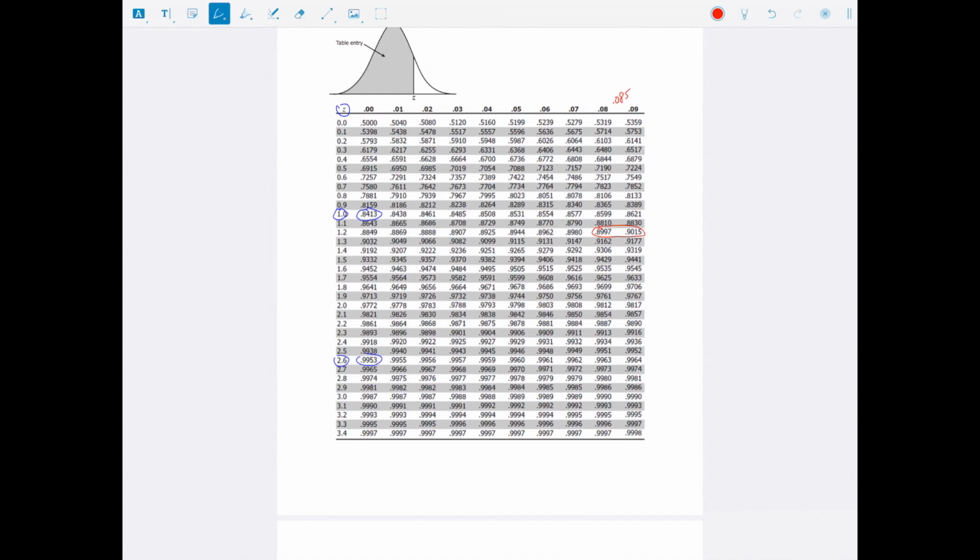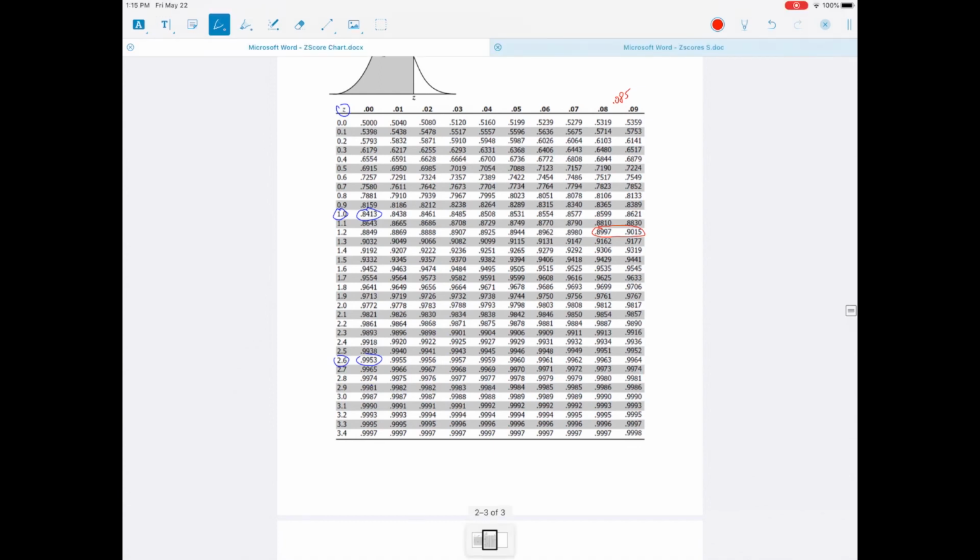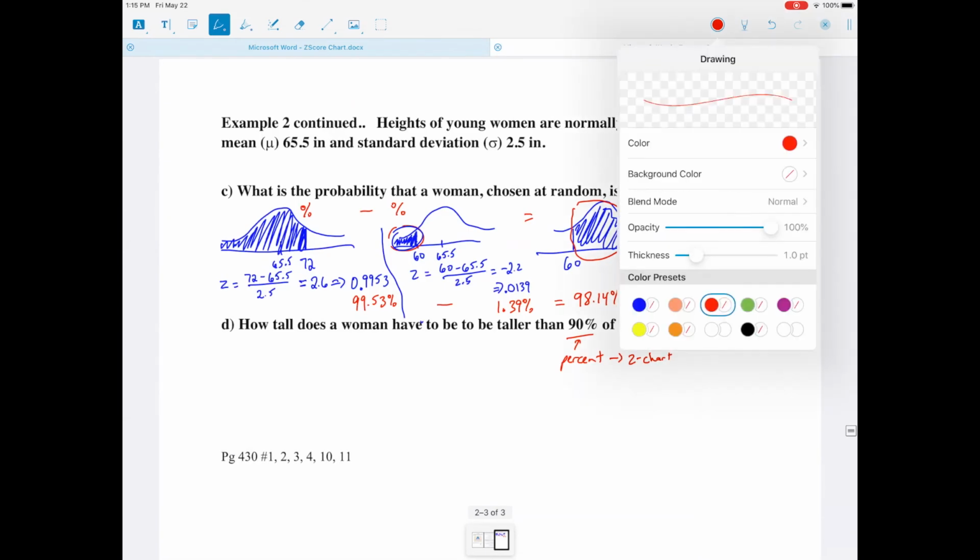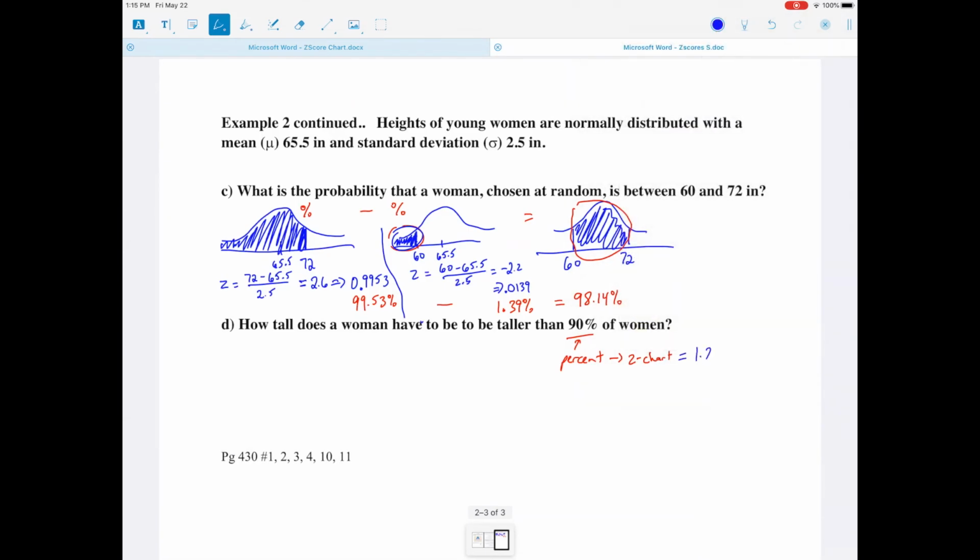So that gives us 1.285 is the score associated to that. 1.285. So this time, let's work with this formula here. Our goal is to know how tall do you need to be, the x value.